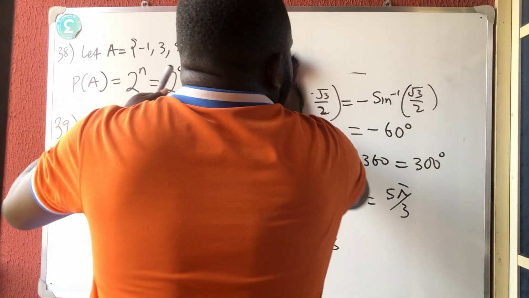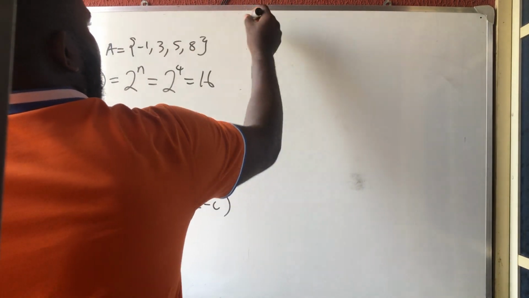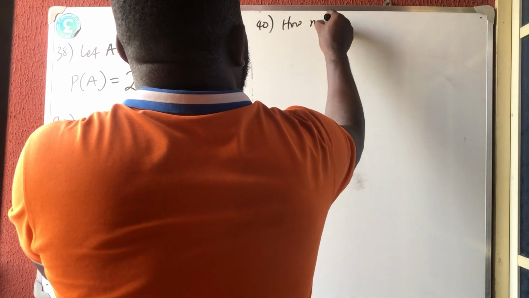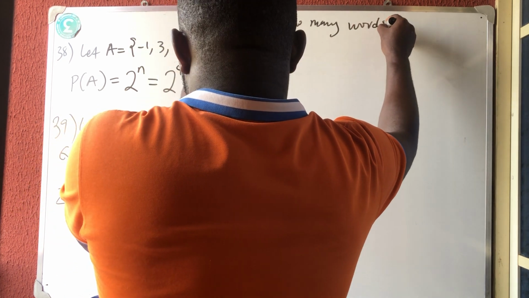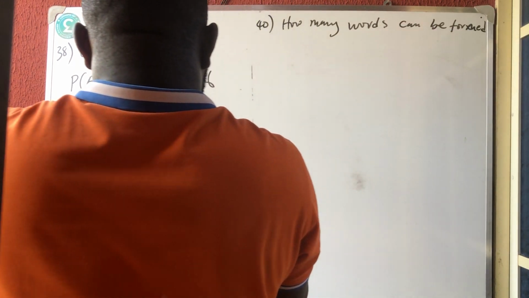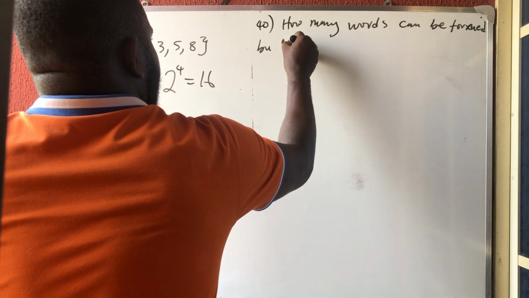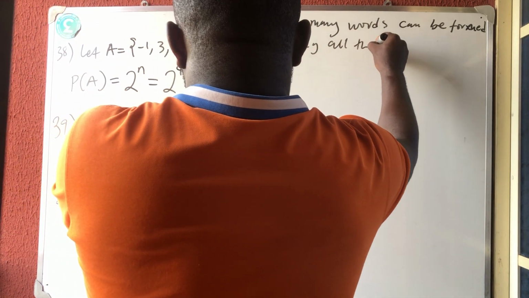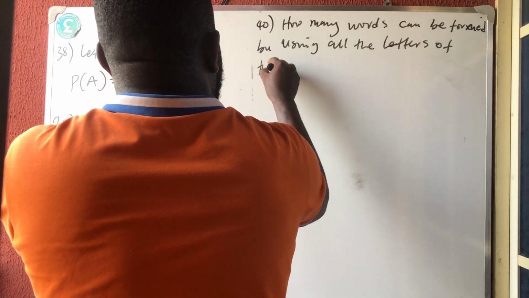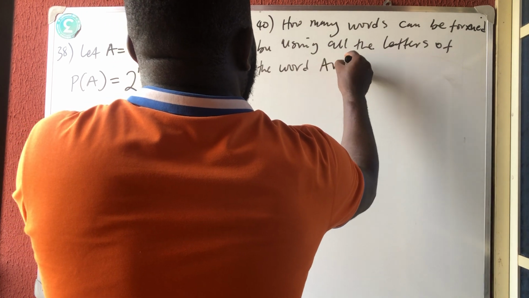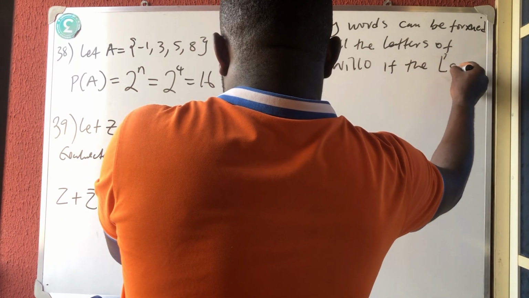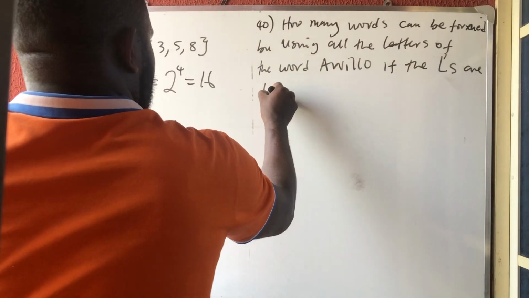Number 40. I'm close to finishing. Number 40 said, how many words can be formed by using all the letters of the word AWILO, if the L's are to be separated?